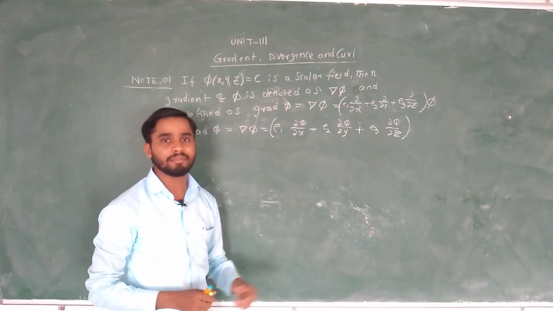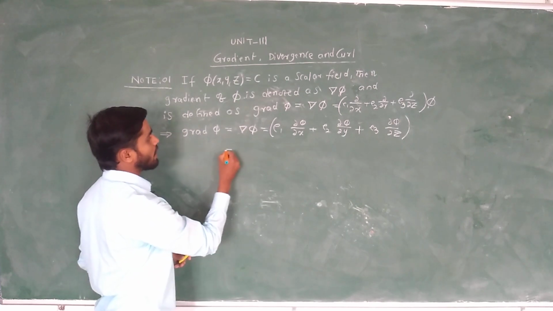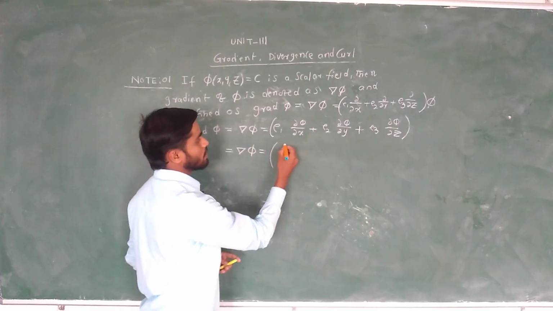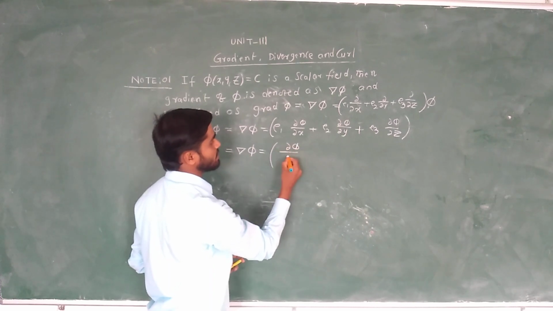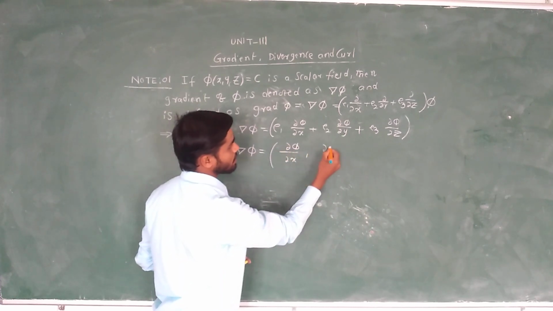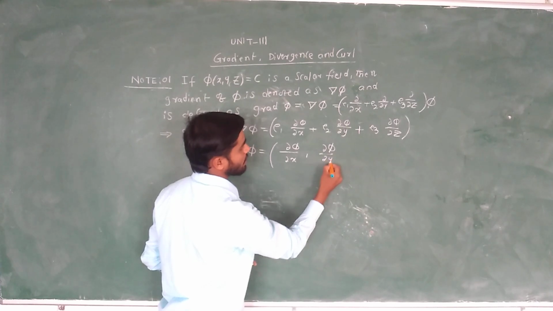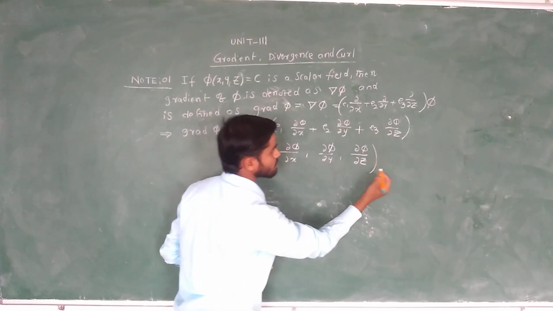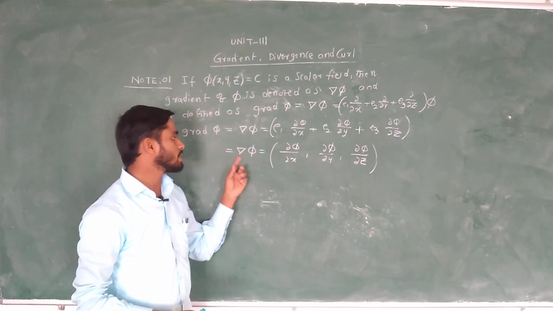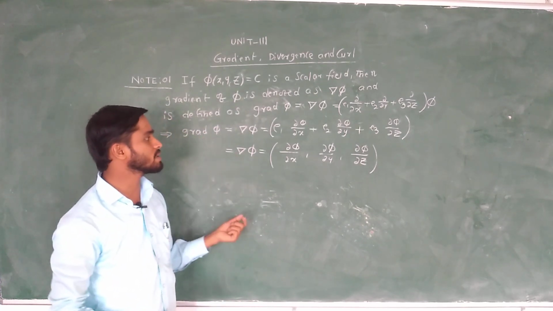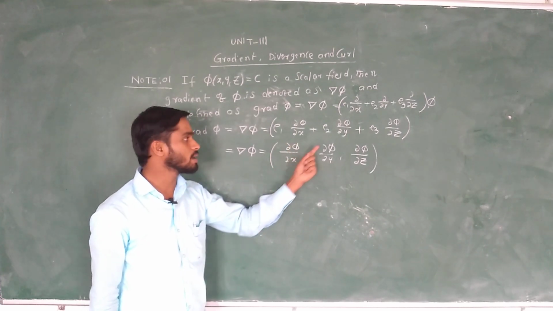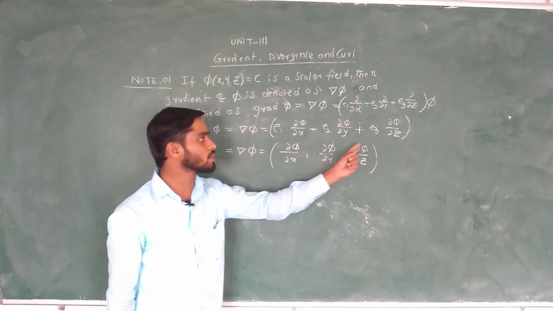Now even this can be written in simple notation as del phi is equal to dou phi by dou x comma dou phi by dou y comma dou phi by dou z. So here del phi, which is gradient of phi, is defined as dou phi by dou x comma dou phi by dou y comma dou phi by dou z.